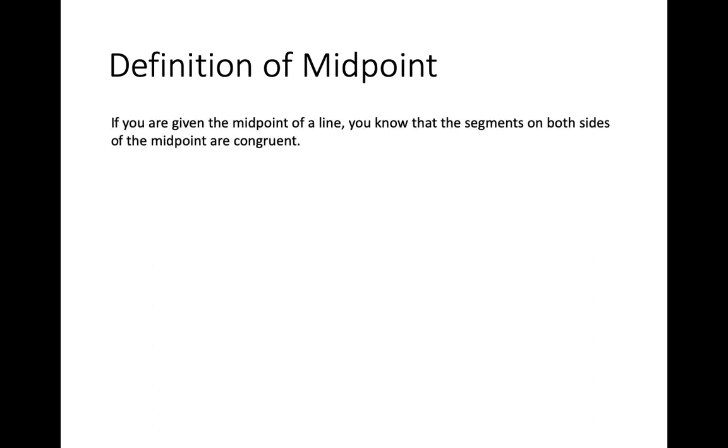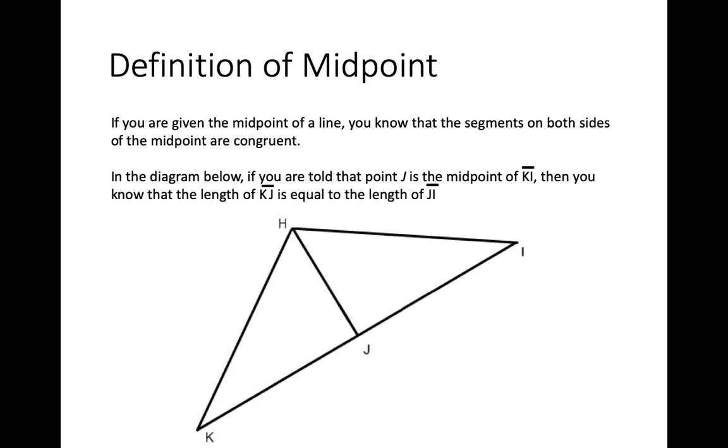The next one is the definition of a midpoint. Midpoint obviously is the center of a line. If you are given the midpoint of a line, then you know that the segments on both sides of the midpoint are congruent. So for example, in the diagram below, if you are told that point J is the midpoint of line segment KI, then you know that the length of KJ is equal to the length of JI, and that those two line segments are congruent.